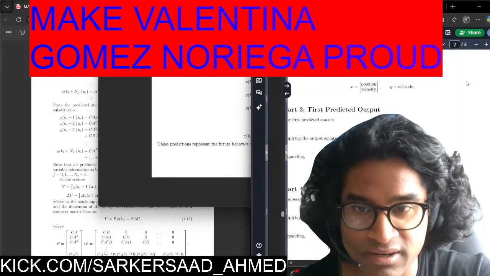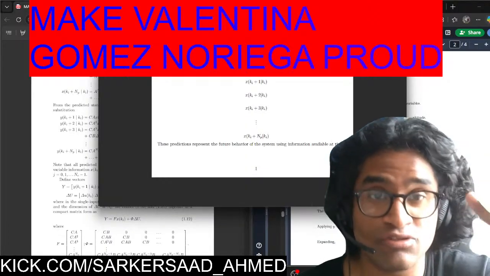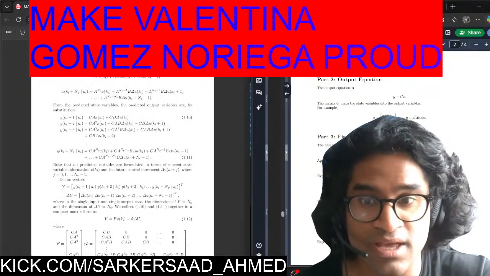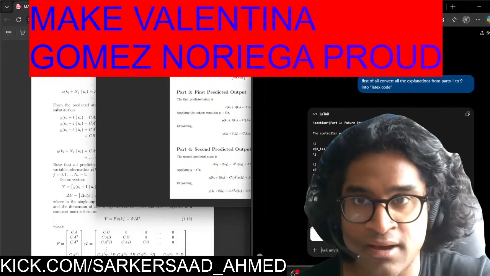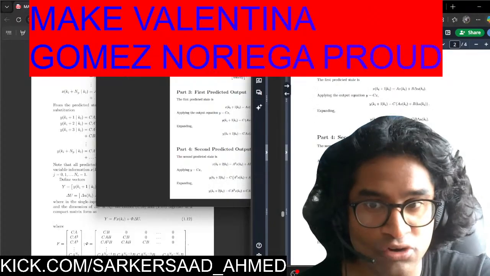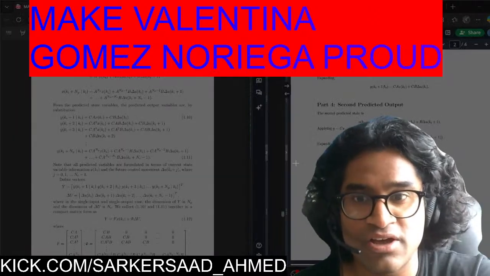One, it is not going to be discrete. It is going to be continuous. Actually, three things. Second, you're not only going to have position and velocity, you're going to have the position, the velocity, and the yaw angle.